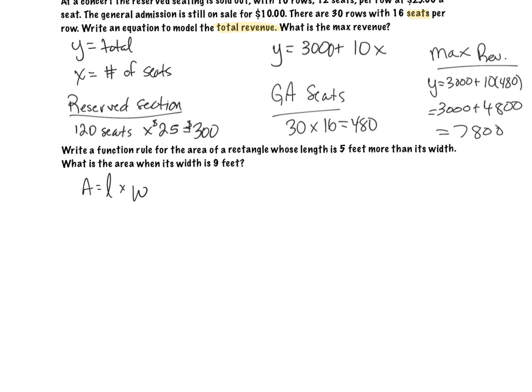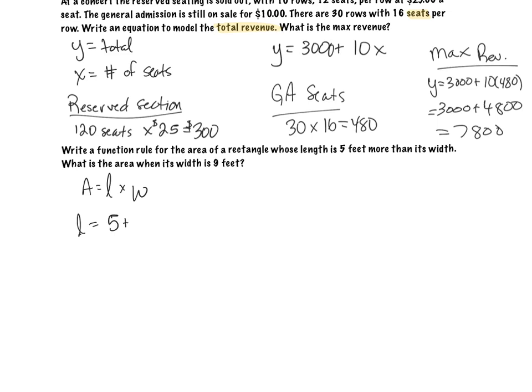So this tells me that the length is 5 feet more than its width, right? So that means the length is equal to something. So if I say 5 feet more, what operation am I doing? So more than tells me to add, right?